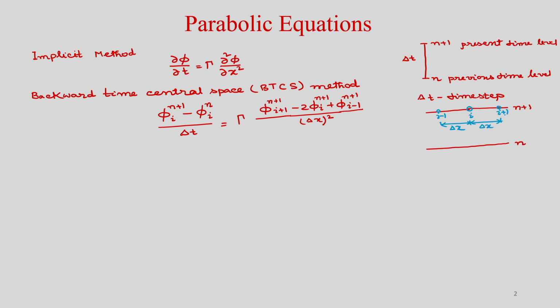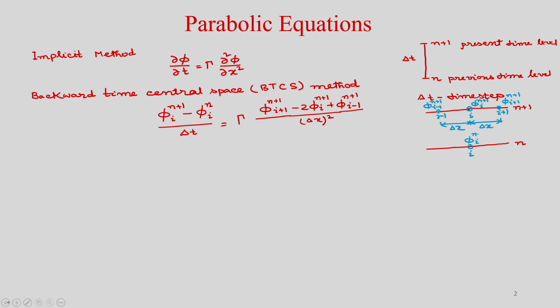So, at level n plus 1, obviously we will have phi I at n plus 1, phi I plus 1 at n plus 1 and phi I minus 1 at n plus 1. Okay. So, this is the time level n plus 1 we are considering, and at the nth level only one known value is required, that is at point I, its value phi I at the time level n.